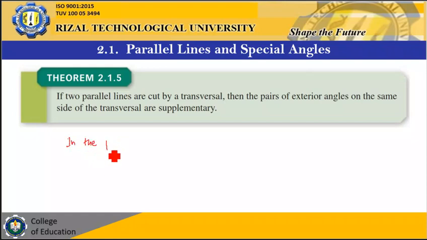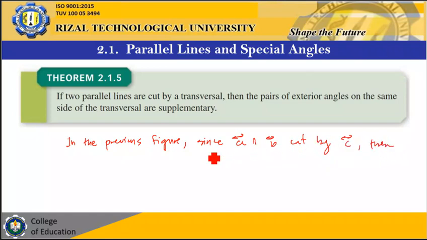But in this case I will just write here, in the previous figure, since line A is parallel to line B cut by line C, then angle 2 and angle 7 are supplementary.